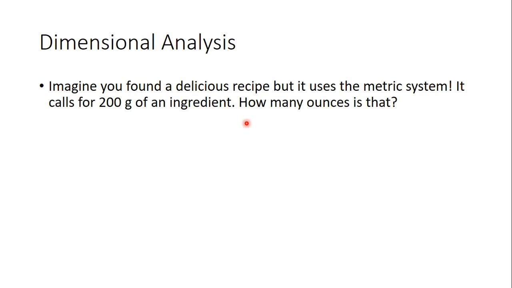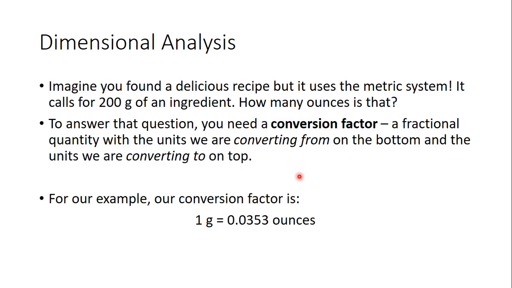How can we measure that out? Well, to do that, we need what's called a conversion factor. And a conversion factor is simply a number that allows us to go from one unit to another unit. So in this example, our conversion factor is 1 gram equals 0.0353 ounces.